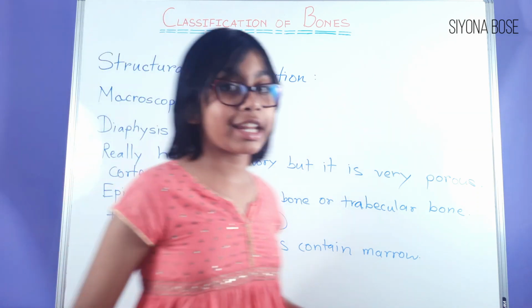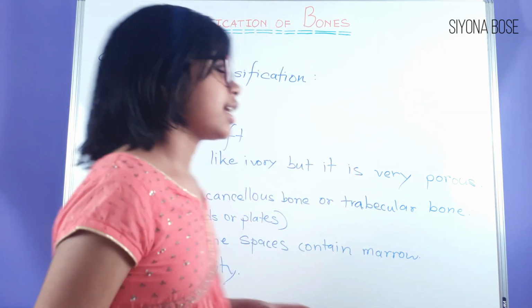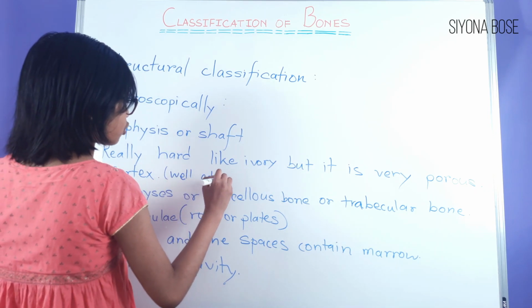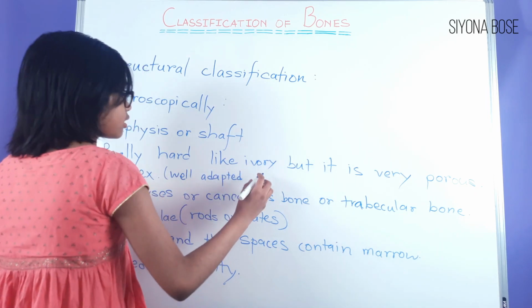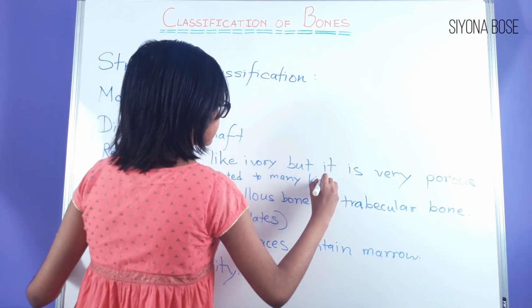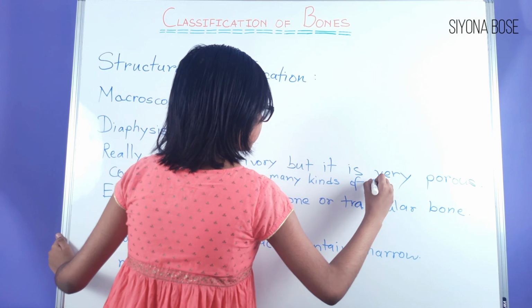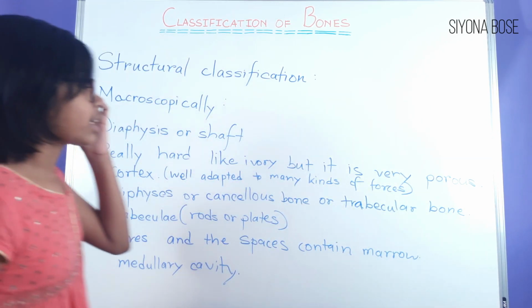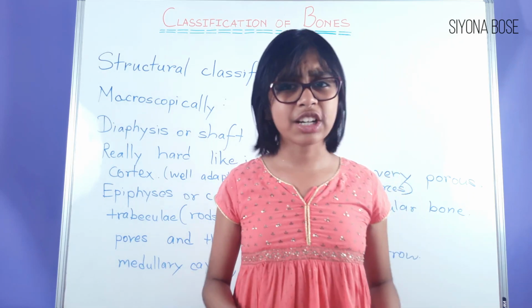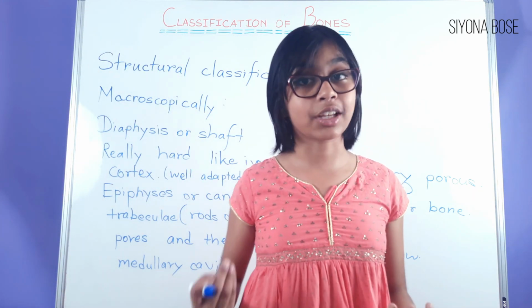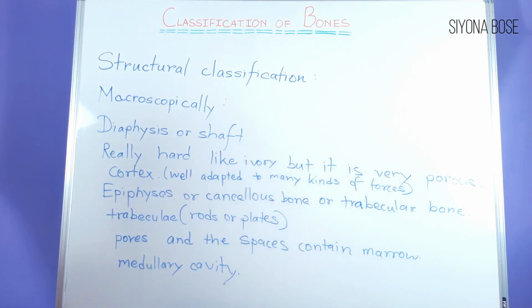One point I forgot to mention is that it is well adapted to many kinds of forces, like tensile force, compression force, bending and twisting. That's the reason I say the main strength is at the cortex, or the central part.